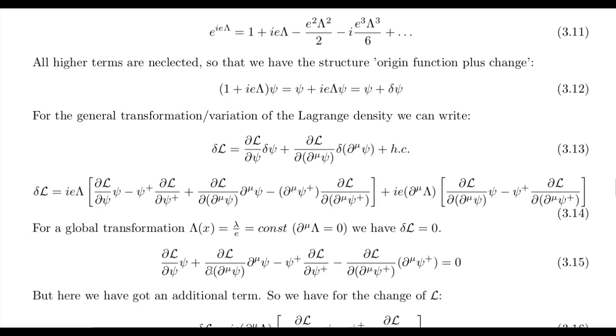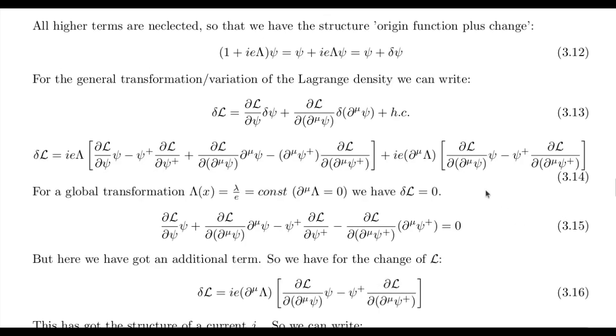That is the expression for the global gauge transformation, but here we have now a local one, and so the second part does not vanish, and that means we have a problem. Delta L must vanish because we must have a transformation invariance.